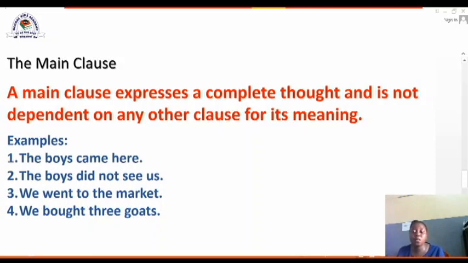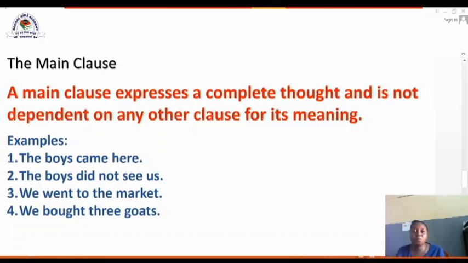Now look at these examples. The boys came here. The boys as subject, came as verb, and here as complement. The boys came here. Came is our finite verb. This is a main clause. It expresses a complete thought. The boys did not see us. The boys as subject, did not see as verb, and us as object.